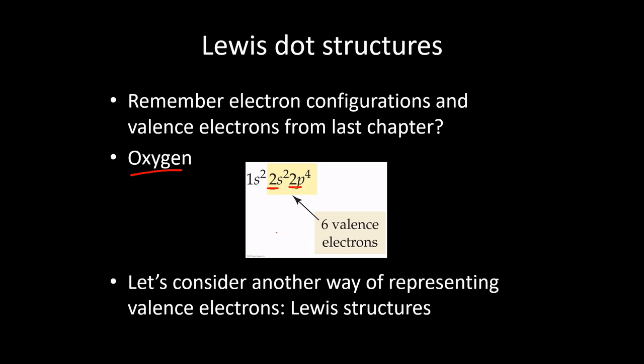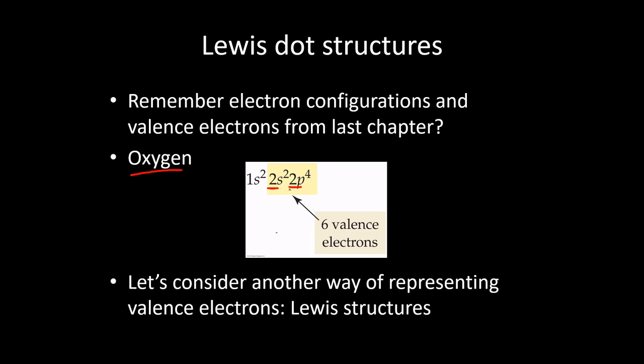Like I mentioned, these are the farthest away from the nucleus, which means that these are the only electrons that can interact with other stuff. They're the only electrons that can actually participate in chemical reactions. And so when we are writing and representing molecules and how the electrons in molecules bond different atoms together, what we're really concerned with are these valence electrons.